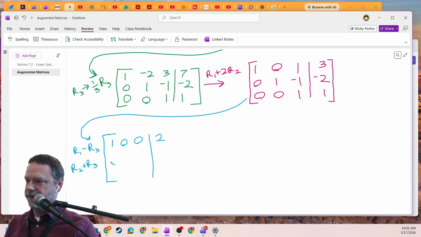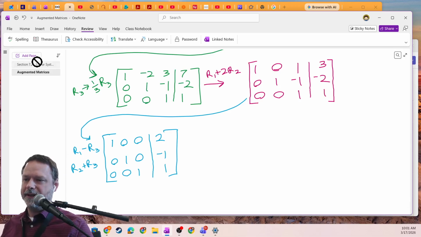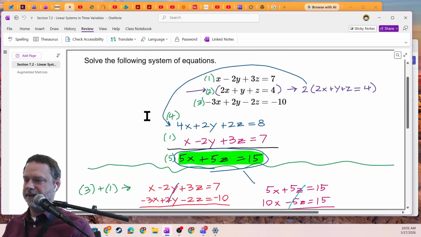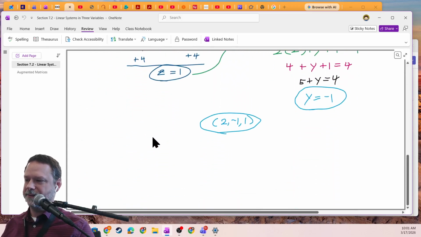So I'm going to have 0, 1, 0. Negative 2 plus 1, negative 1. And then I didn't mess with the third one. 0, 0, 1, 1. Oh my goodness, I finally got it. There's my x, y, z, 2, negative 1, 1. And if you look at our last problem, our last video, that is what we got as well.